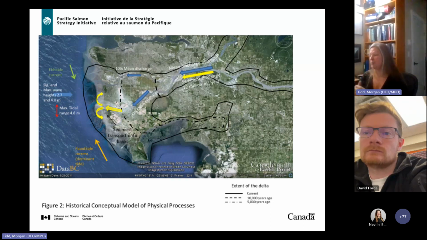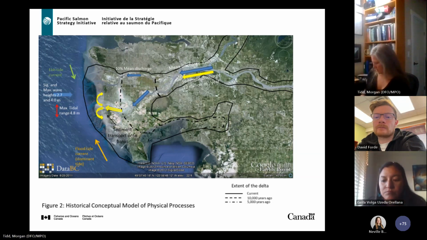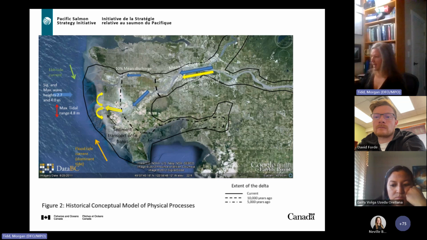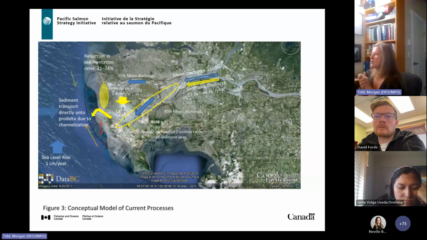It just happens that most of the wave and wind to this area is coming from the southwest as well, so the dominant transport direction is to the north. This is a conceptual model of current processes. This was done a long time ago in support of a report for Sturgeon Bank, prior to the development of the sediment nourishment project that's going on there now.